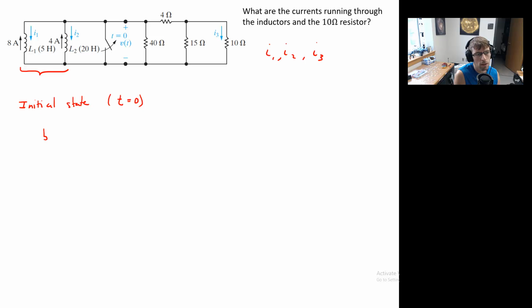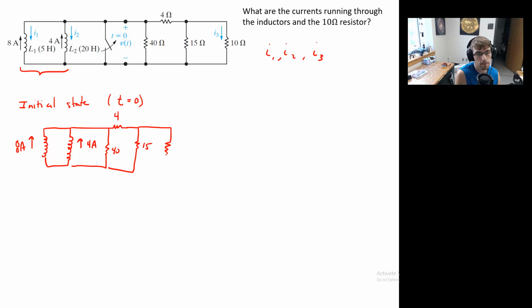So right when the switch is open, there is a momentary second where these inductors continue to provide those currents, the 8 amps and the 4 amps. And because the switch is now open, we are going to go through the resistor branches: the 40 ohm resistor, the 4 ohm, the 15, and the 10.